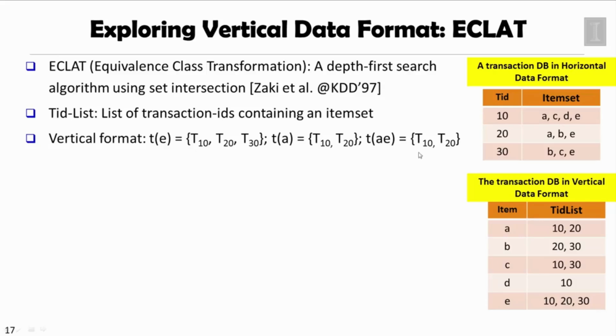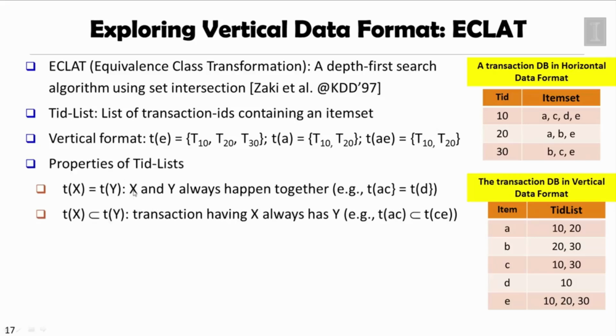If it is infrequent, then you don't need to take AE any further. That's a similar thing to the Apriori principle. Then the properties of TID lists basically say, if two TID lists are equivalent, they have the same set of transactions. If one is a subset of the other, the transactions containing X must always contain Y.